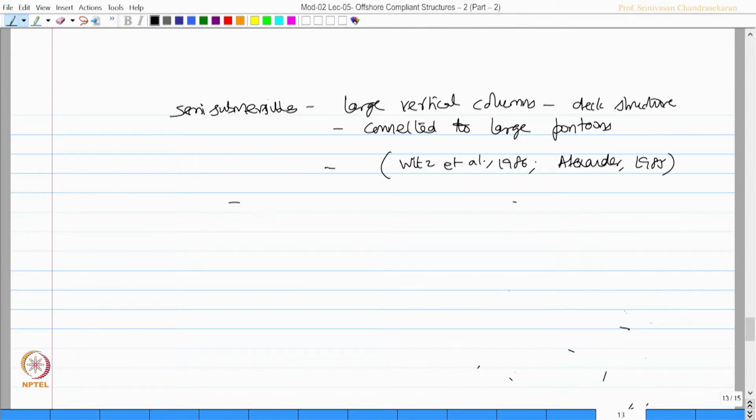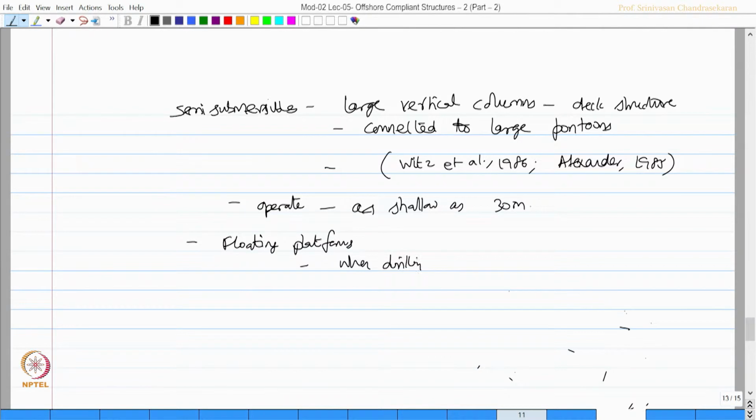They can operate as shallow as 30 meters. Essentially it is a floating platform, but when drilling is carried out, it is position restrained by dynamic positioning systems.